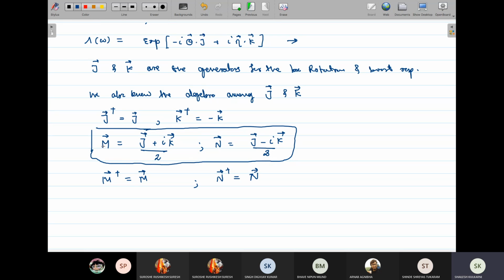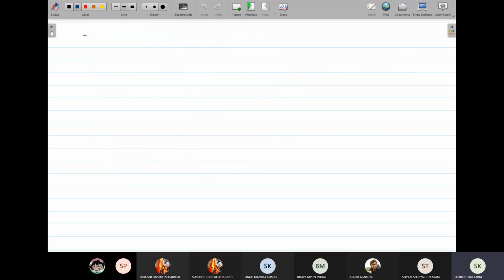Fine. And now I will use these redefined generators in the commutation relation. Let us evaluate the commutation relation between M and N. Basically, I would like to evaluate the ith M type generator and its commutation with the jth N type generator.